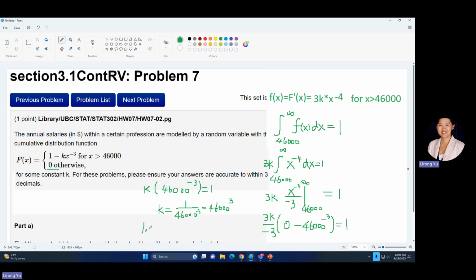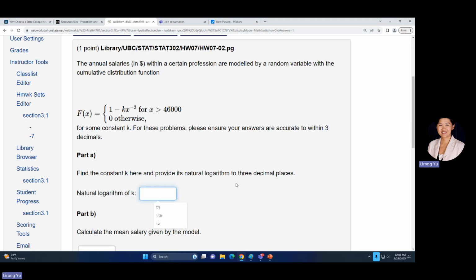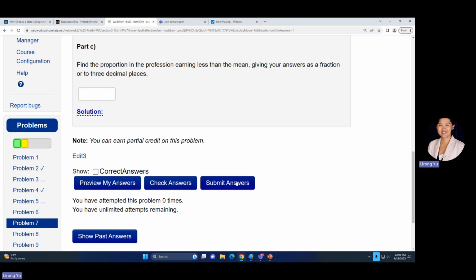If you take the natural log of k, you're taking the natural log of 46,000 cubed, so it's 3 times the logarithm of 46,000. Even after we take the natural log, it's still pretty large, but not as large. So 3 times the logarithm of 46,000. That's the answer to the first question.